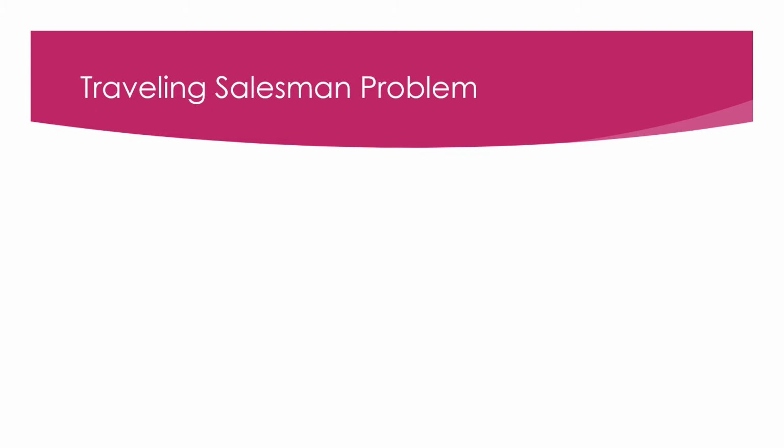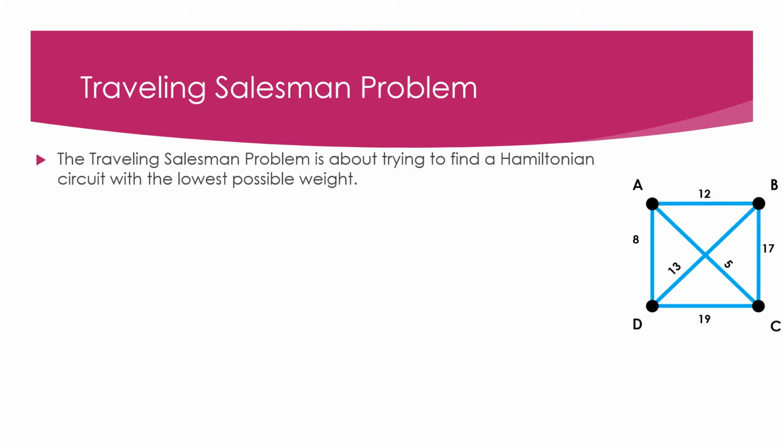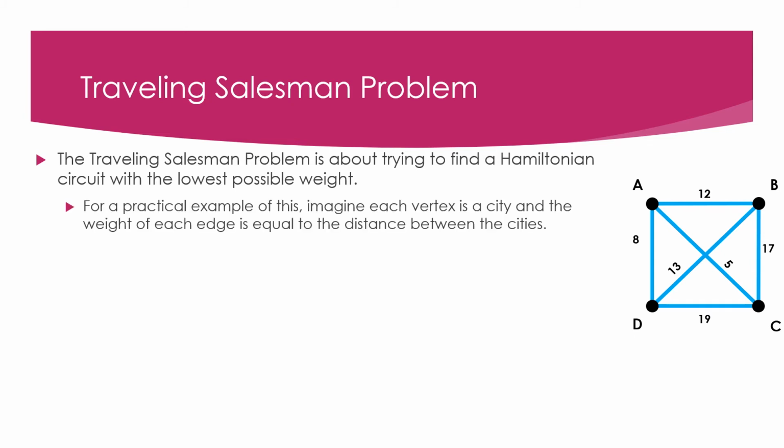So now that we know that we can talk about the total score, we can say that the traveling salesman problem is actually about finding the Hamiltonian circuit with the lowest possible weight. So in this case, we might talk about what is the best possible score for all of these. So a practical example, and this is why it's called the traveling salesman problem, is that you think of every vertex as a city, and the edges is just the distance between each city.